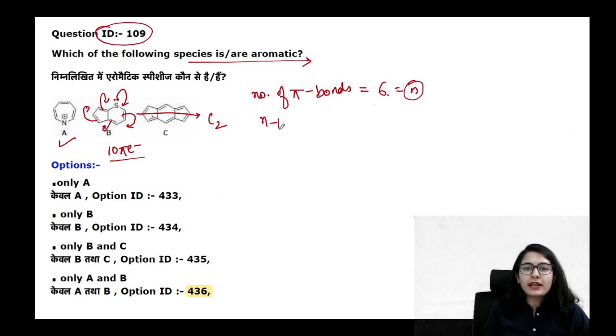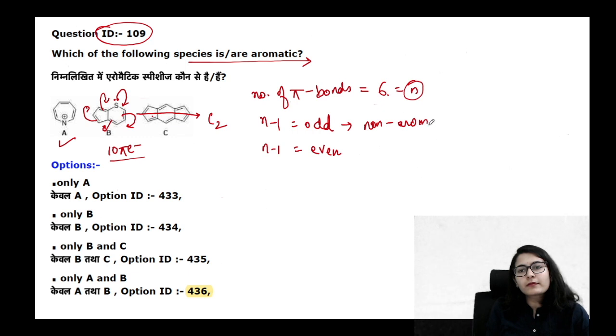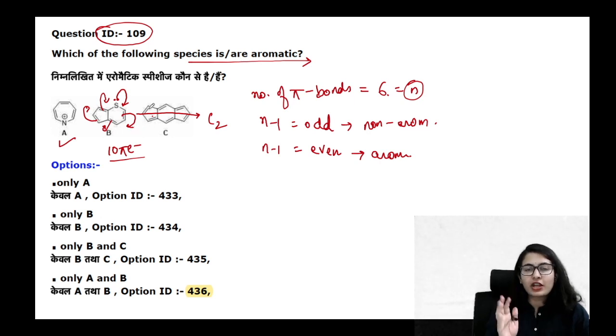So we have two different conditions. If n minus 1 is odd, we have a non-aromatic compound. If n minus 1 is even, we have an aromatic compound. Number of pi bonds is equal to 6. First we check for a C2 axis.